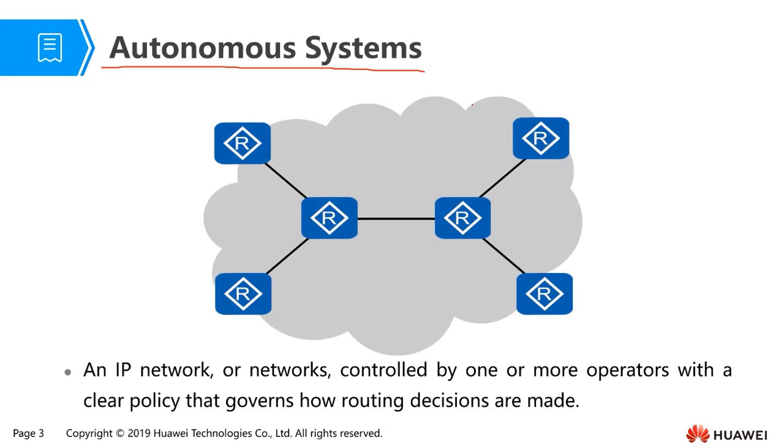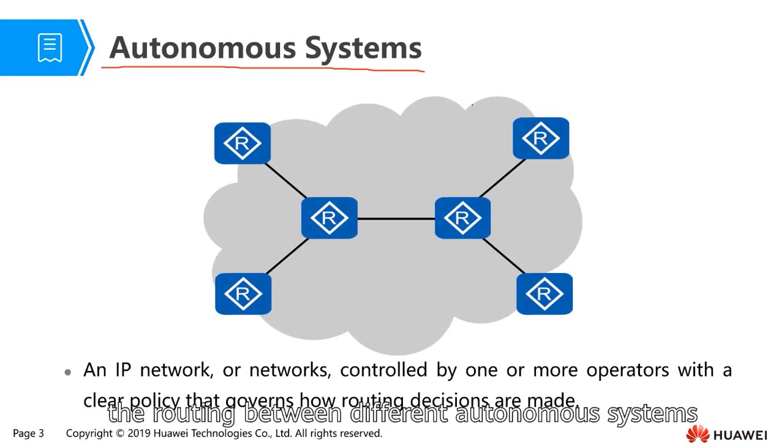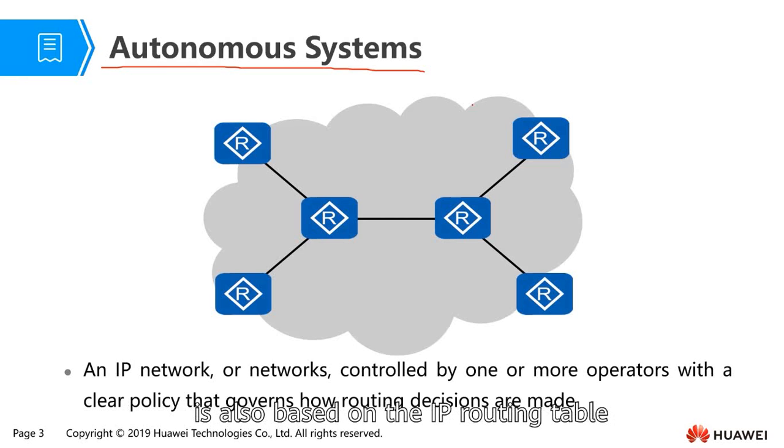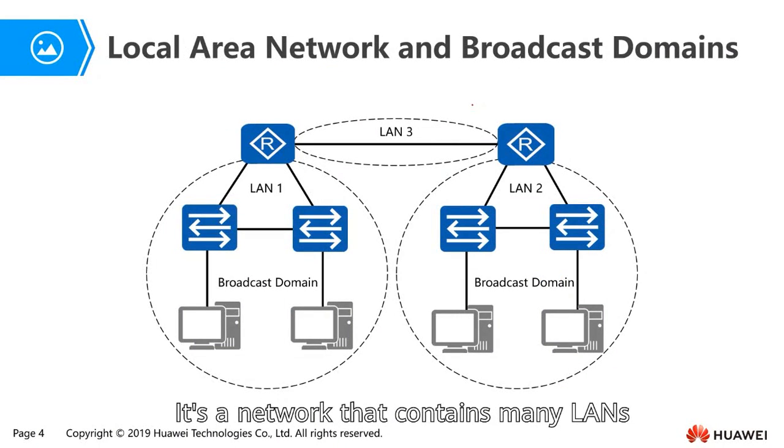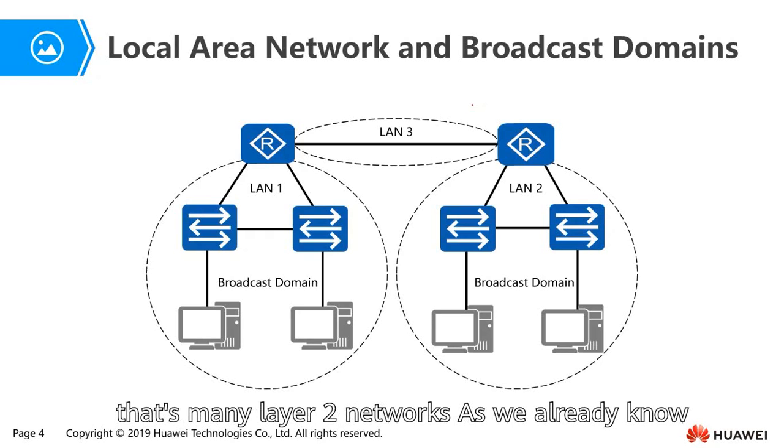Of course, the routing between different autonomous systems is also based on the IP routing table. And inside your company, it's a network that contains many LANs, that is, many layer 2 networks.